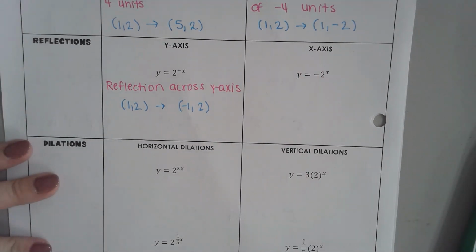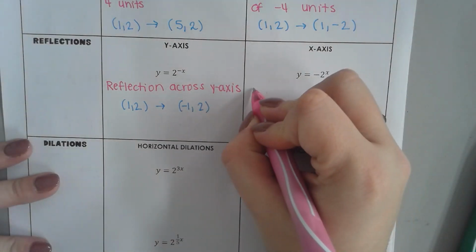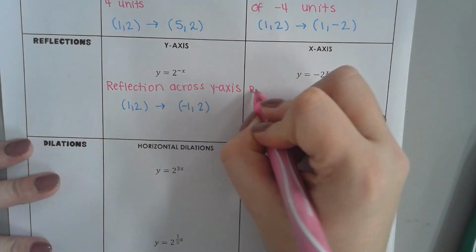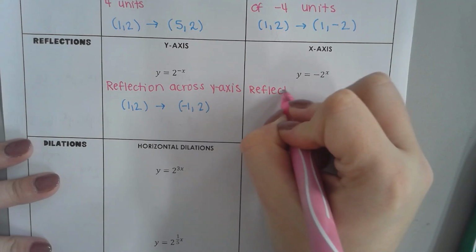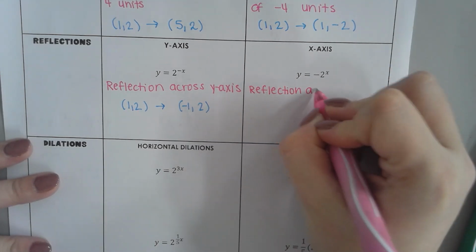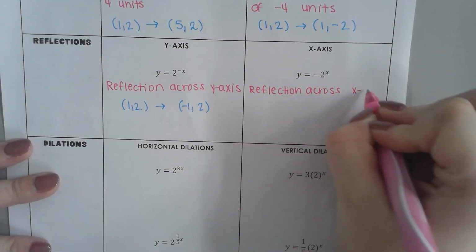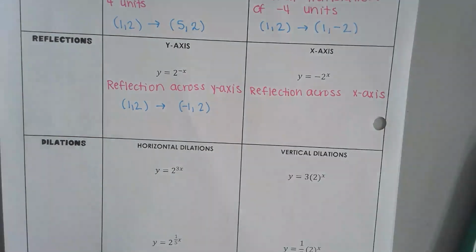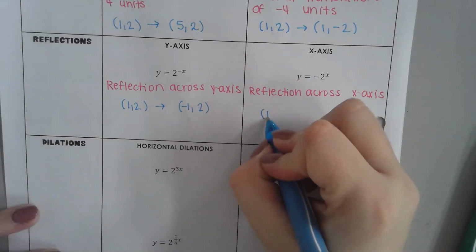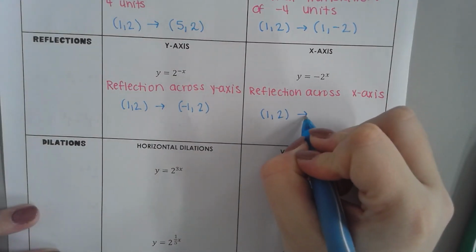And then the x-axis, when you have a negative in the very front, that's a reflection across the x-axis. The point 1, 2 becomes what?